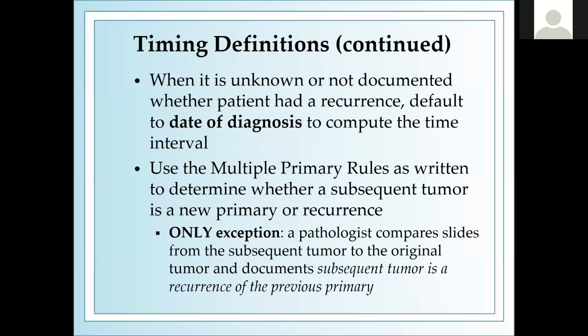So if the pathology report says this tumor was compared to the patient's previous tumor and it is a recurrence of that original tumor, then we just record that subsequent tumor as a recurrence of that original primary. So that's the one time we would not have to pull out our solid tumor rules and use the multiple primary rules.